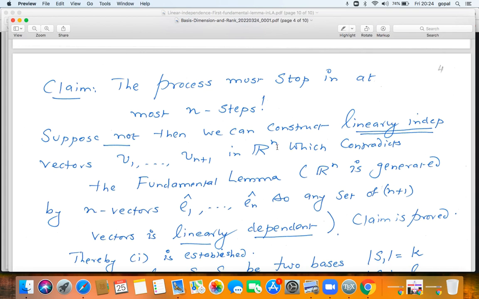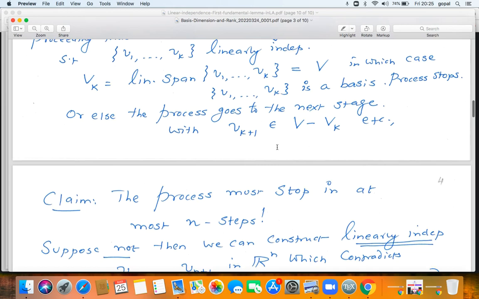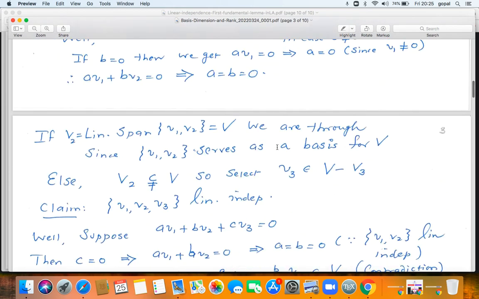So Rn is a vector space generated by n vectors. So n plus 1 or more vectors are linearly dependent as per the fundamental lemma. So the process cannot continue beyond n steps. So either at the nth step or before, the process would have stopped and we would have gotten a basis for our vector space V.